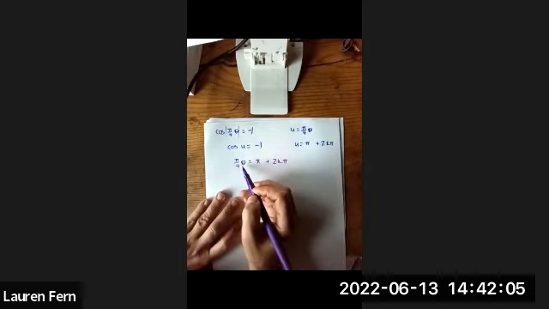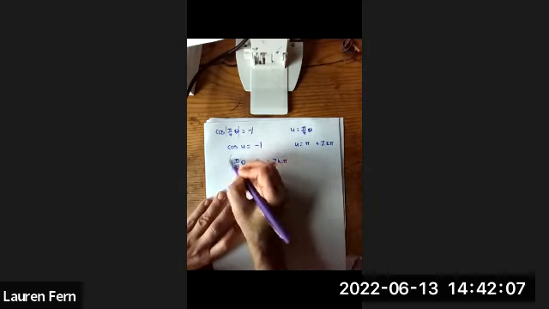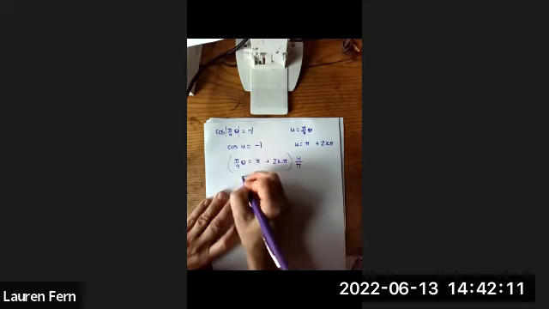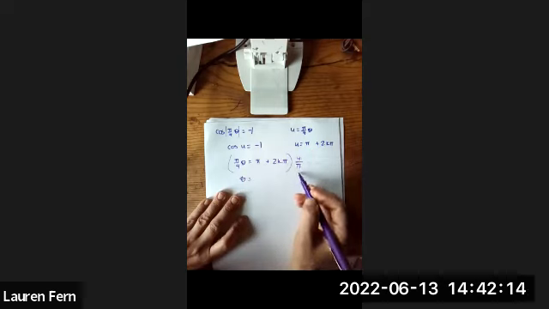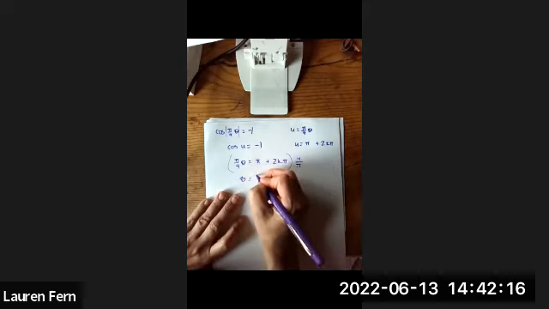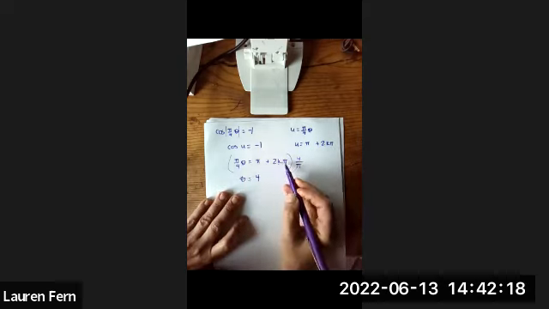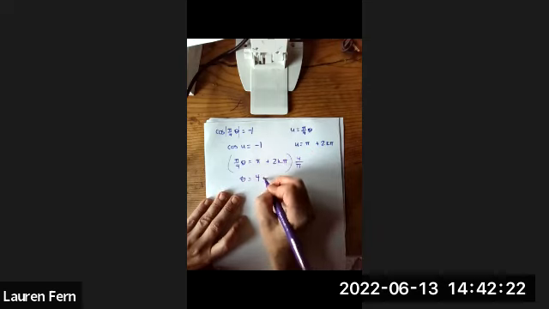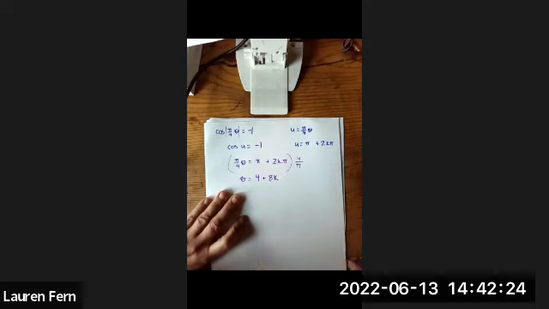And we can certainly solve for theta by multiplying both sides by 4 over pi. Well, pi times 4 over pi is 4, and 2k pi times 4 over pi is plus 8k.